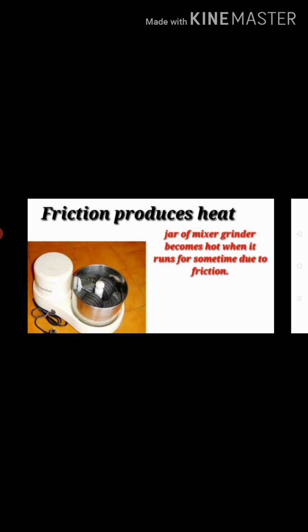The jar of a mixer becomes hot when it is run for a few minutes. Friction causes overheating of a car engine. When a machine is operated, heat is generated. That causes much wastage of energy. That is, it reduces the efficiency of the machine.